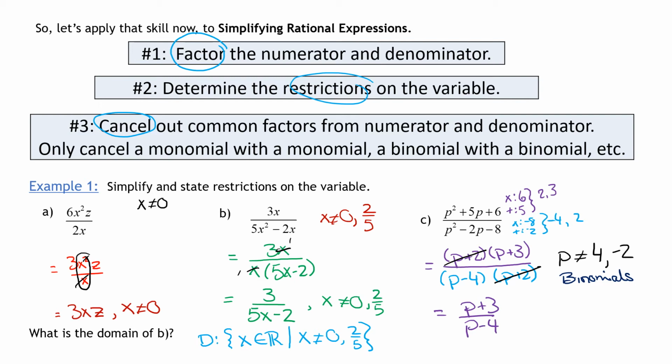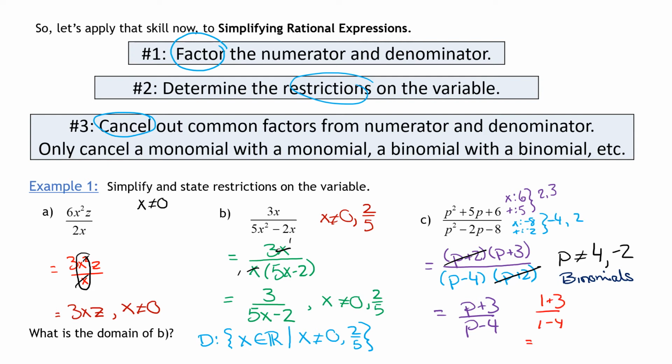Sometimes people get trigger happy here and they want to cancel out the P's, which is wrong. Those P's are part of a binomial, and as I've said several times, binomials must match exactly in order to cancel. To make more sense of that, let's say P is 1. Then we would have 1 plus 3 over 1 minus 4.